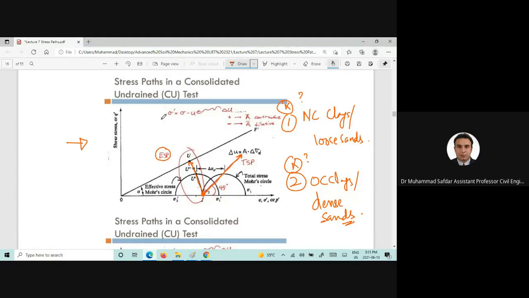Okay, good. Thank you very much, Shabir. Now for the contractive clays, for contractive soils, are normally consolidated clays or loose sands, so you will see that it will develop positive pore water pressure, and that positive pore water pressure will decrease the effective stresses, so therefore the P prime will reduce.